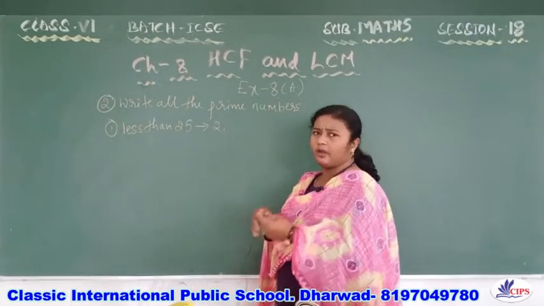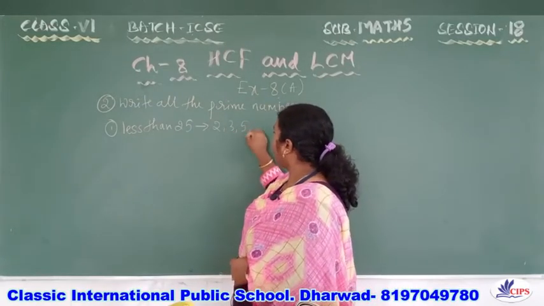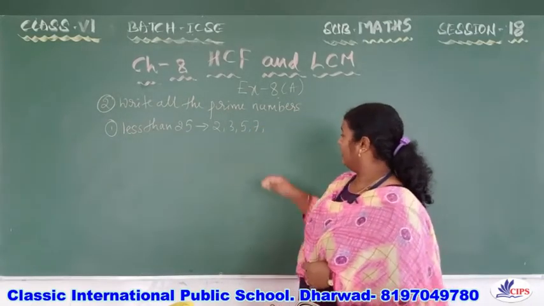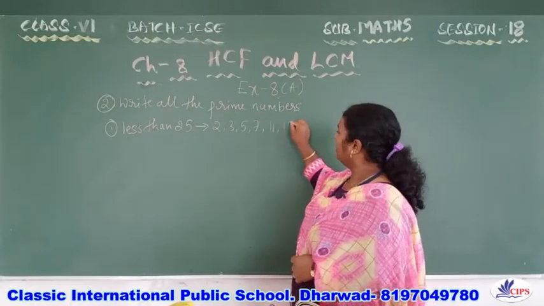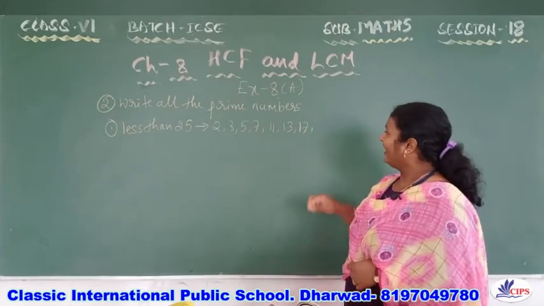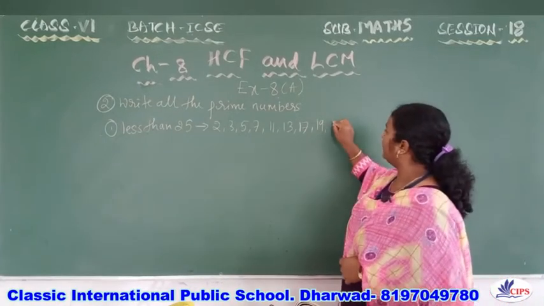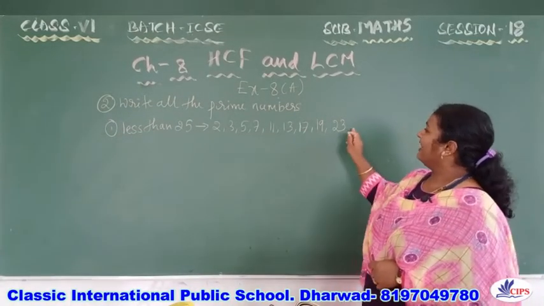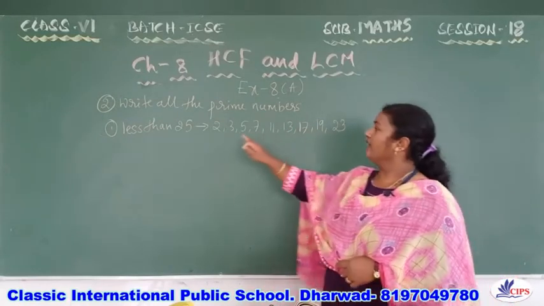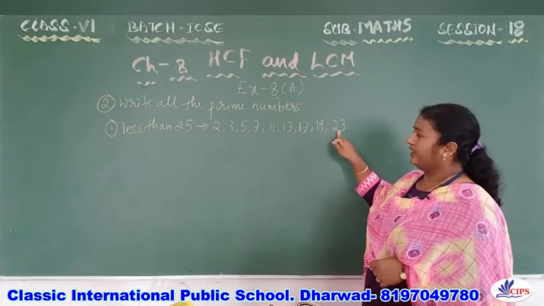So this is 2, then 3, after 3, 5, then 7, 11, 13, 17, 19, 23. So less than 25, we have written all the prime numbers: 2, 3, 5, 7, 11, 13, 17, 19, 23.